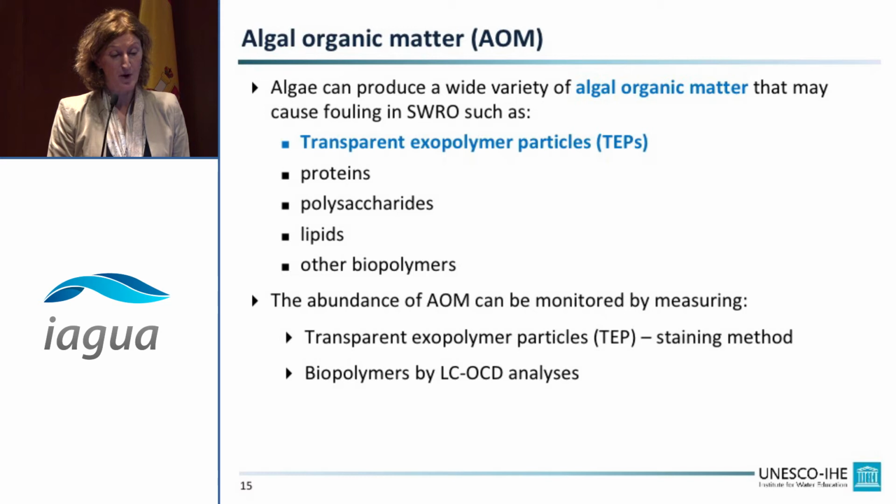And the abundance of AOM can be measured by actually measuring the transparent exopolymer particles, and also by measuring what we call the biopolymers, just simply using the liquid chromatography method. So we monitor both of these in order to keep track of a bloom.